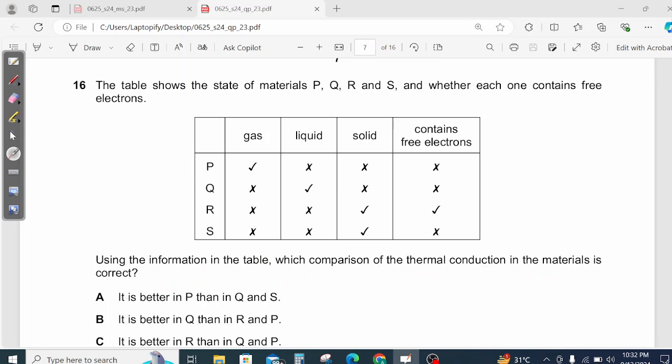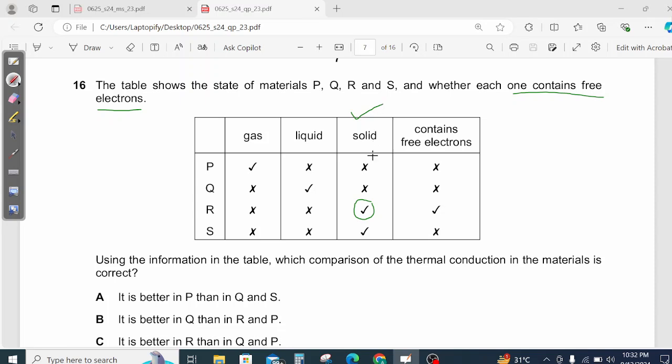First you have to understand the hint: which one contains free electrons. Remember, free electrons are available only in solids. If you talk about metals, it means in metals there are free electrons available.